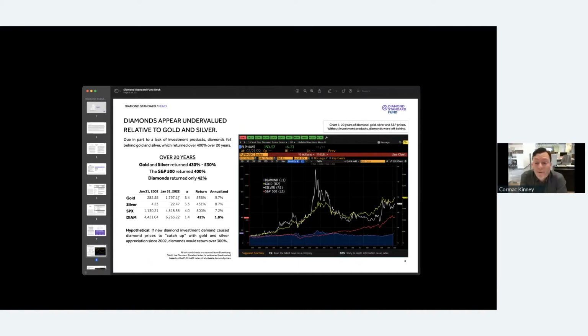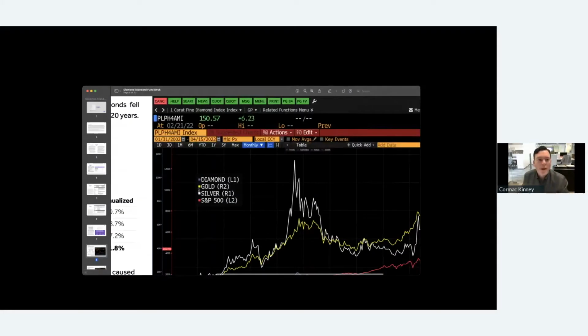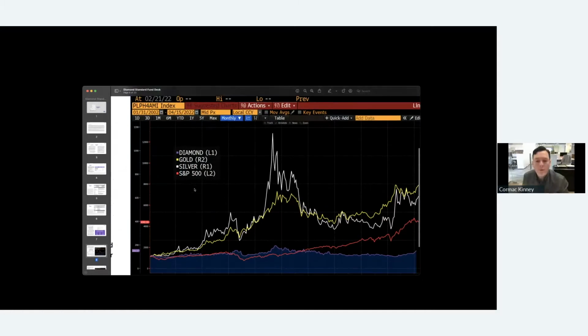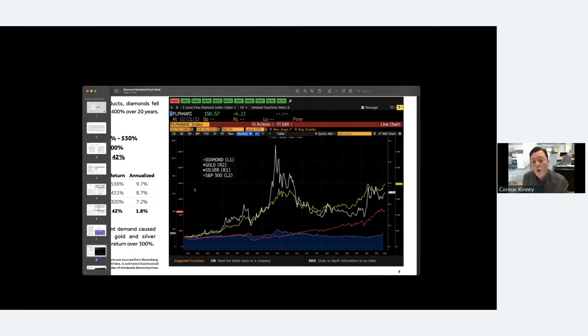The reason we think that is that we compare diamonds to gold, silver, and other precious metals. This chart on the right shows the last 20 years of diamond prices. And as you can see, versus gold, gold has gone up 500% over the last 20 years. A lot of people don't realize both gold and silver have significantly outperformed the S&P 500 over that long range of time.